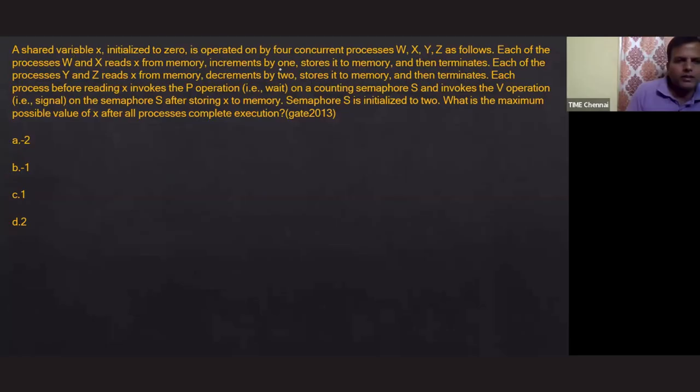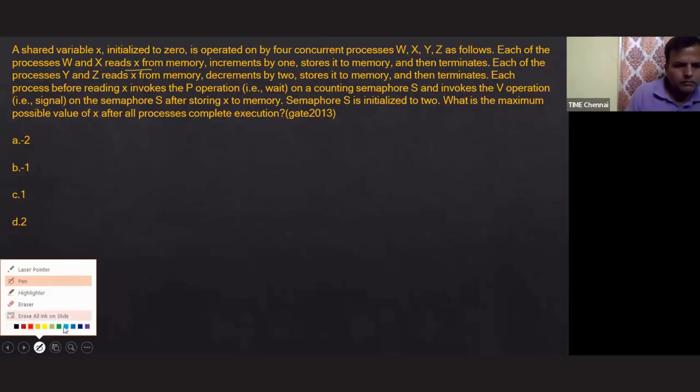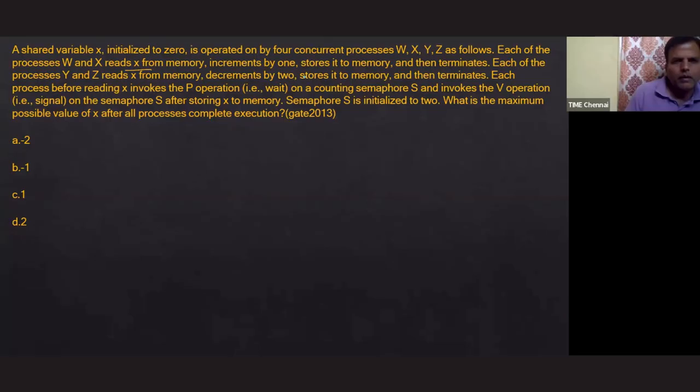Let's see this one. A shared variable x initialized to 0 is operated by 4 concurrent processes W, X, Y, Z as follows. Each of the processes W and X reads x from memory, increments by 1, stores it to memory, then terminates. Each of the processes Y and Z reads x from memory, decrements by 2, stores it to memory, and then terminates.